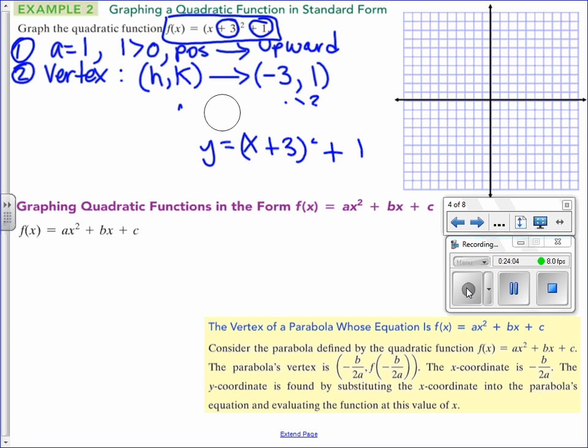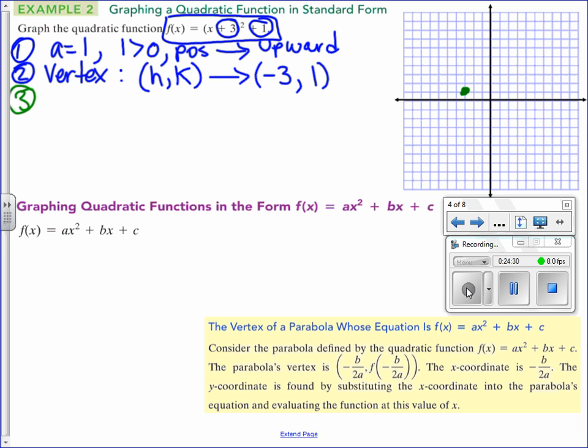Okay, now we need to find the x-intercepts. That's step number 3. So let's go ahead and plot the vertex. So that will be (-3, 1). That's there. And we're saying the parabola is going to open up, right? So is this going to have x-intercepts? No, it's not going to have x-intercepts.